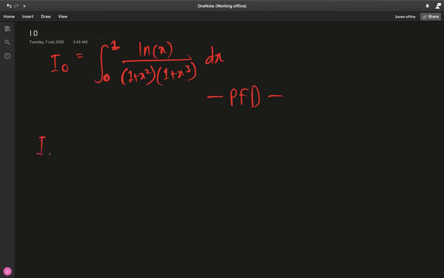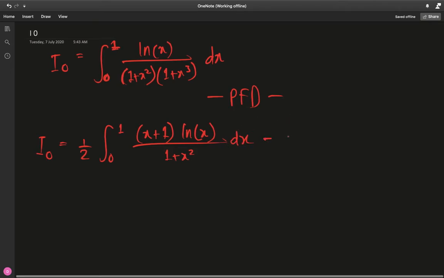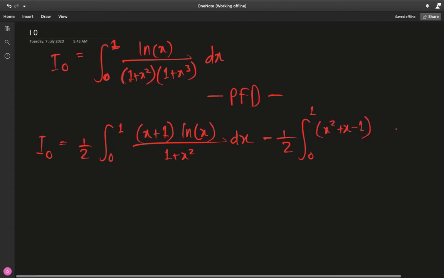So using the same partial fraction decomposition that failed us at the start, I naught can be expressed as half of integral from 0 to 1 of x plus 1 times natural log of x over 1 plus x squared dx, minus half of integral from 0 to 1 of x squared plus x minus 1 times the natural log of x over 1 plus x cubed dx.